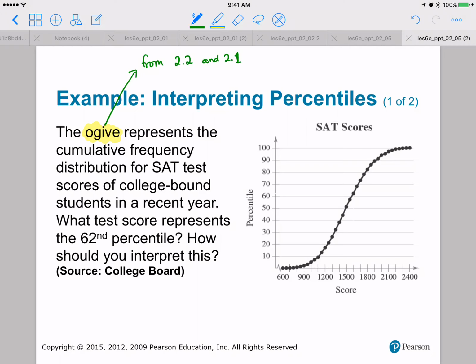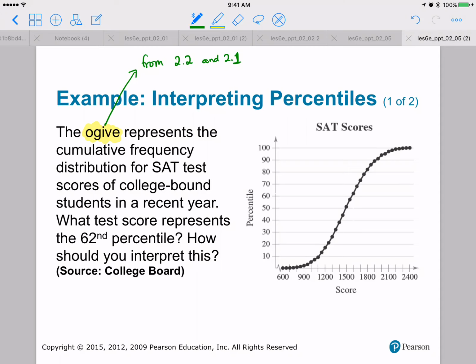I think actually it's maybe 2.1, but you get the idea. So ogive, you want to be familiar with these terms. The ogive represents the cumulative frequency distribution for SAT scores of college-bound students in a recent year. What test score represents the 62nd percentile? How should you interpret this?